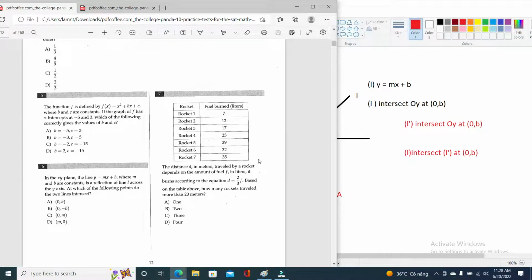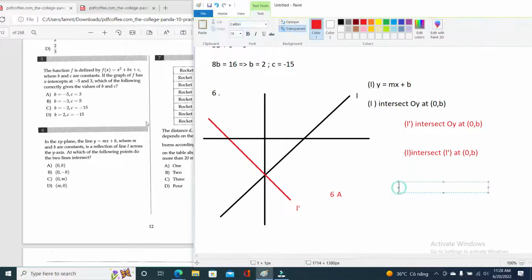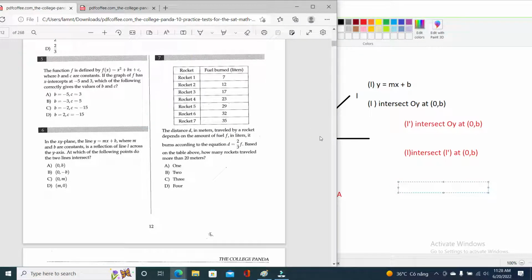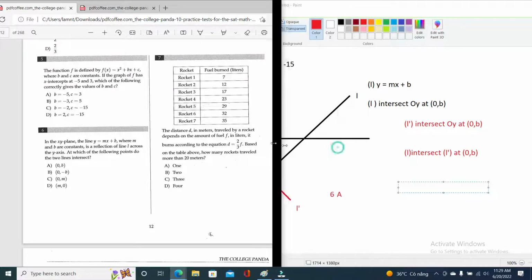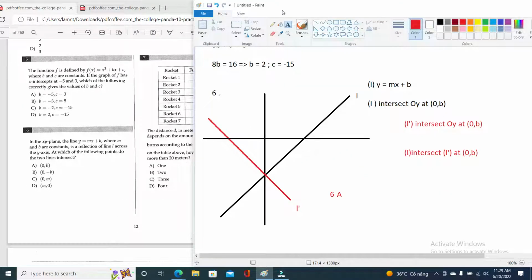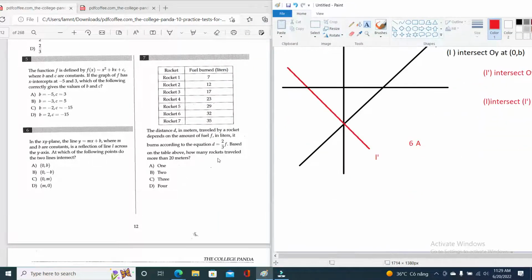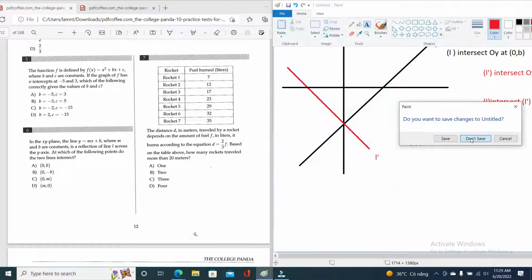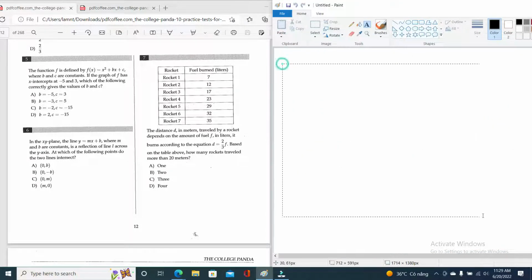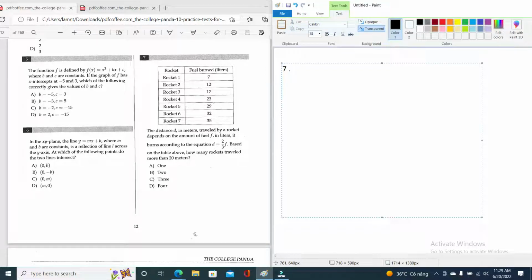For this exercise, I'm going to find out the criteria for F, because we know the criteria for D already. So in general for this number 7, we know that D equal to 2/3 of F.